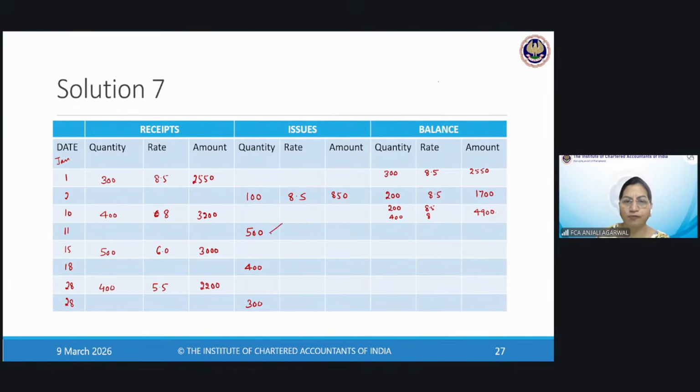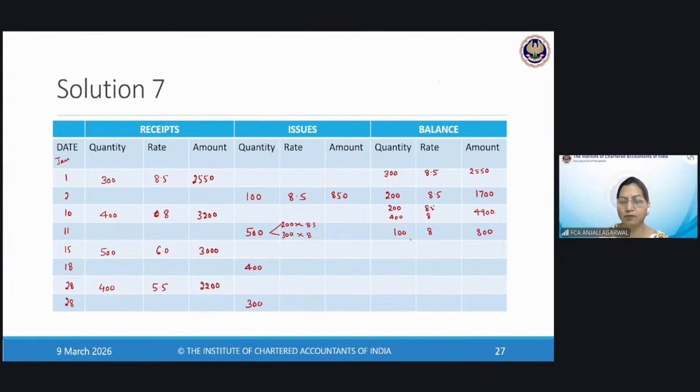So if you are following FIFO, it's 200 and 300 from the lower lot. So 200 of 8.5 and 300 of 8. So your balance will remain from here 100 units at 8. Had this been LIFO, it would have been 400 and 100. 400 at 8, 100 at 8.5.